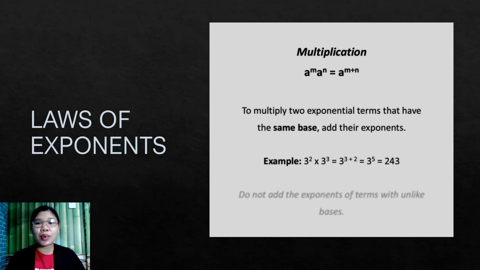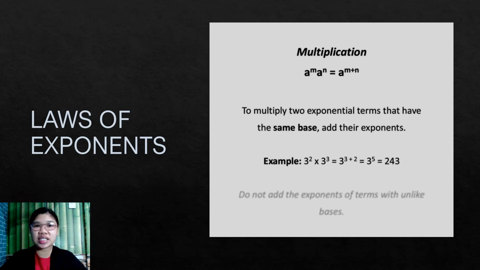As an example, we have 3 squared multiplied by 3 cubed. First you have to check whether they have the same bases before multiplying. We have the same base, which is 3. The first exponent is 2 and the next exponent is 3, so 3 plus 2 is equal to 5.